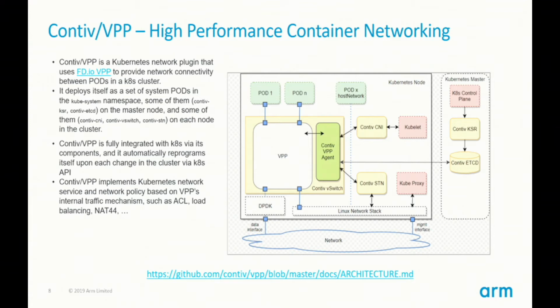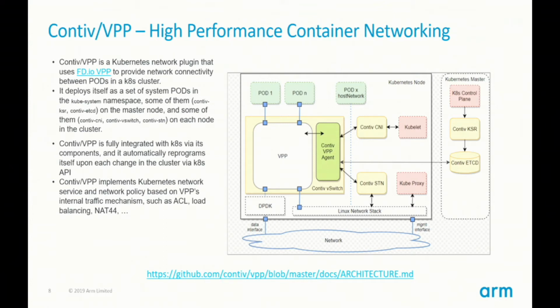Some of the components are Contiv KSR and Contiv etcd on the master node. Contiv KSR is used to monitor the Kubernetes behavior to do the deployment to Contiv VPP, and Contiv etcd stores all the needed configuration for itself.